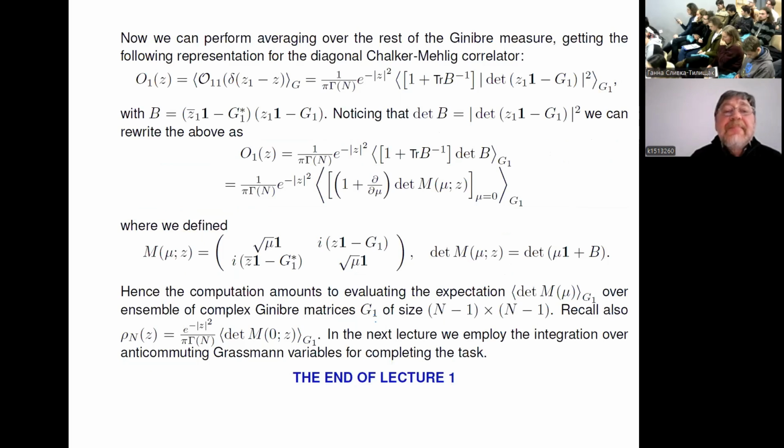Okay. Now, one should basically remember that one needs to build this object, the so-called Chalker-Mehlig correlator. One should take this O11, weight it with the corresponding Dirac delta mass centered at eigenvalue Z1, and then average over the ensemble.